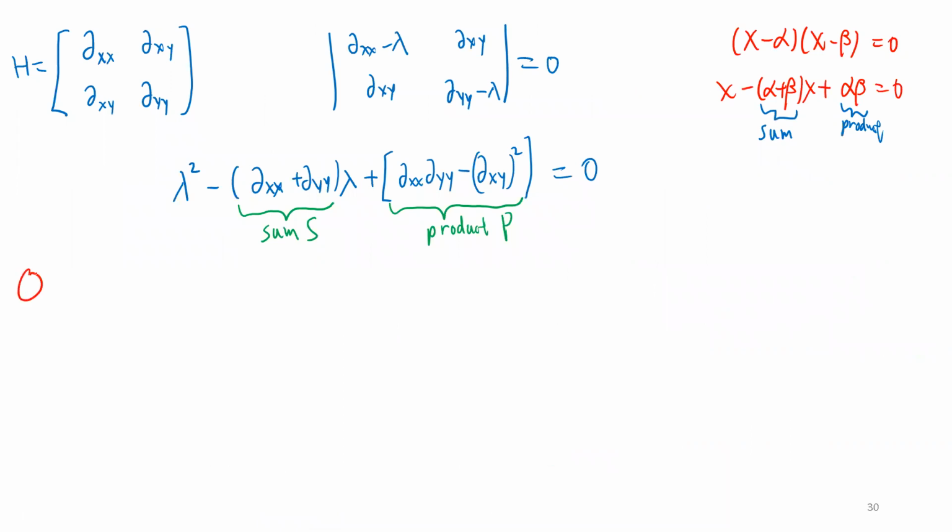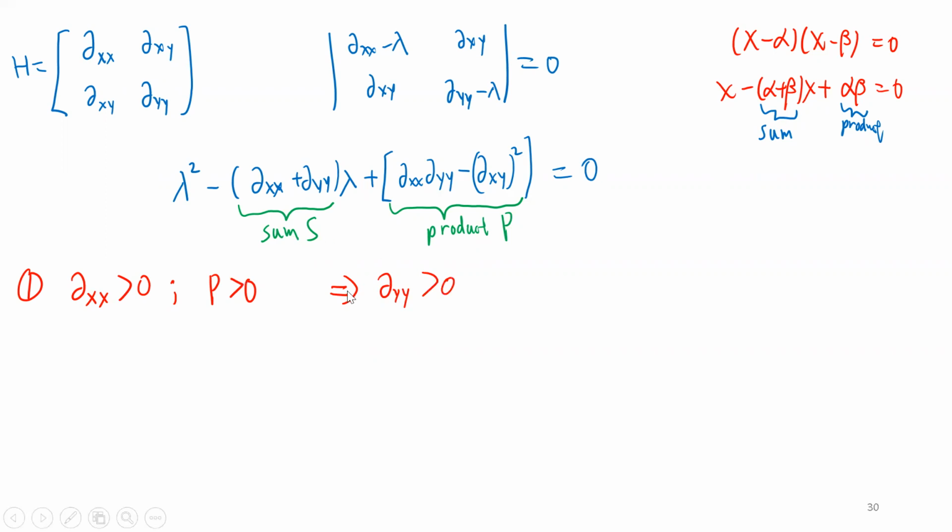Case one is that if I have the second order derivative with respect to x greater than 0, and also this product P is greater than 0, then what I can conclude is that the second order derivative for y is also greater than 0.